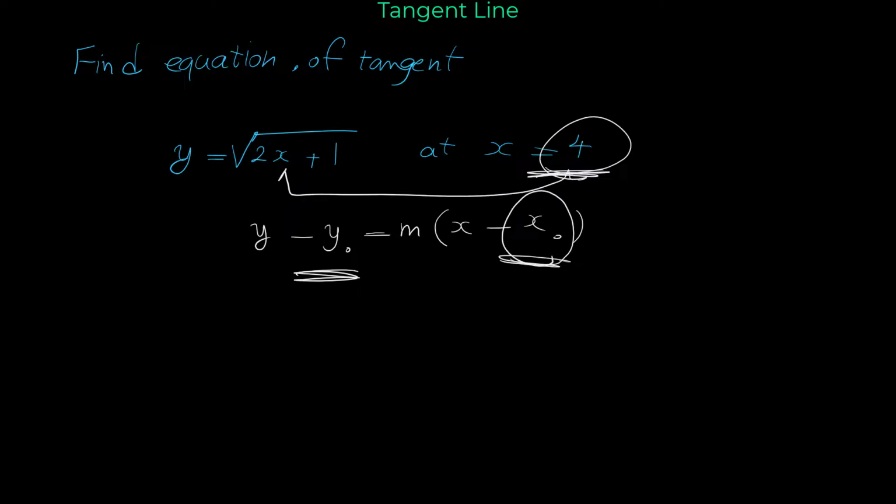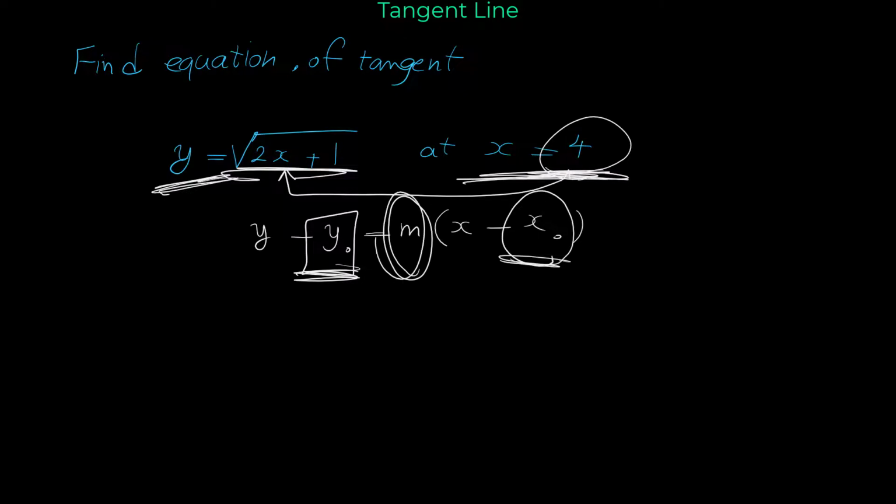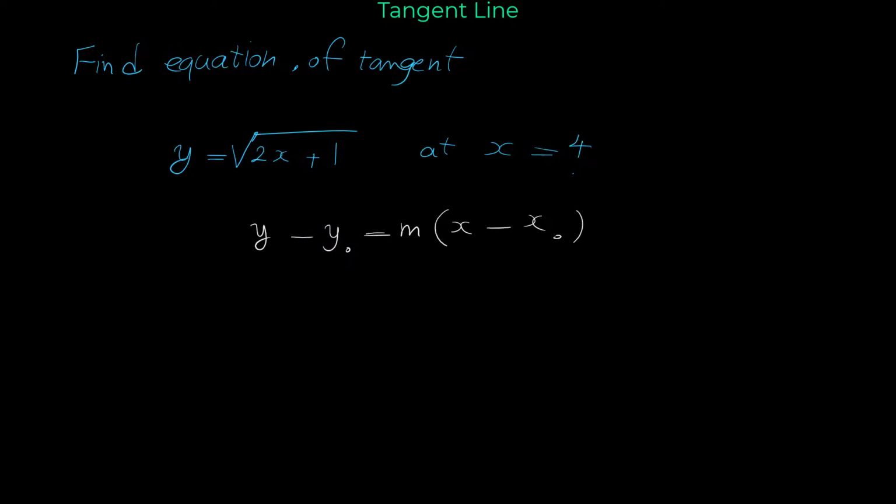If you plug in 4 for x in the function, you can find the corresponding y coordinate, so you can find y sub 0. But the most important part is to find the slope of the tangent line. That's the tricky part. So first, let's do the easy part.